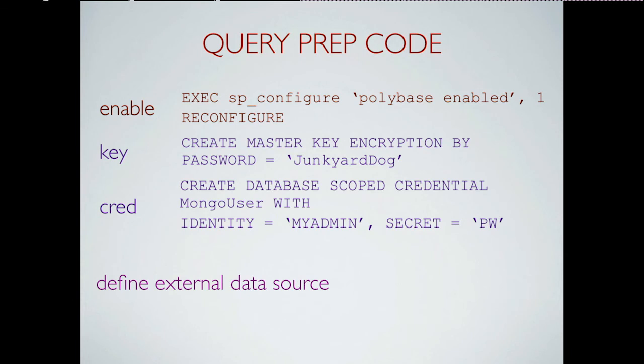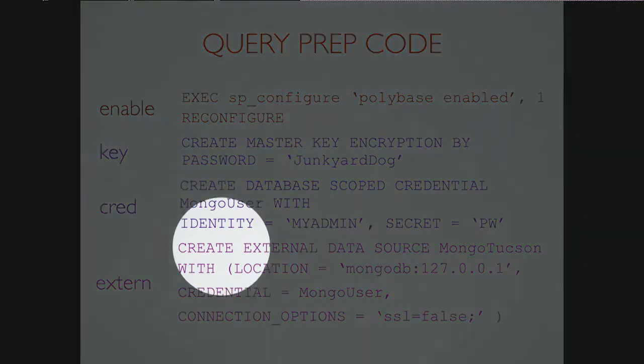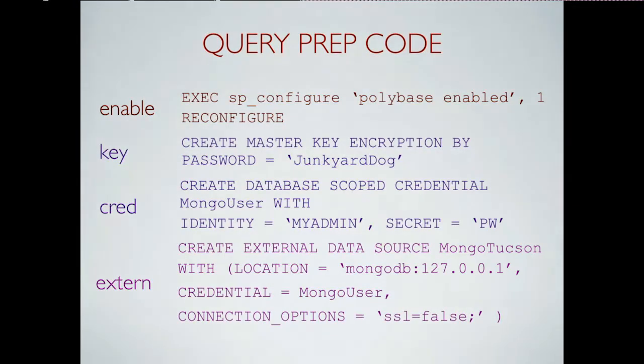And then finally, you define the external data source. This is really telling SQL Server, whenever I reference this Mongo data, where do I go to get it. I'm calling it Mongo Tucson. Very clever, I thought. MongoDB is the same whether I connect to Mongo or to Cosmos. All it's really doing is telling SQL which libraries, if you will, to use.